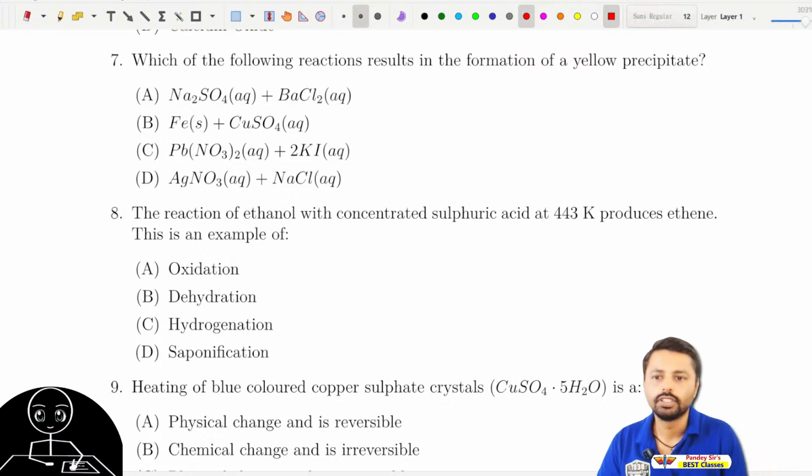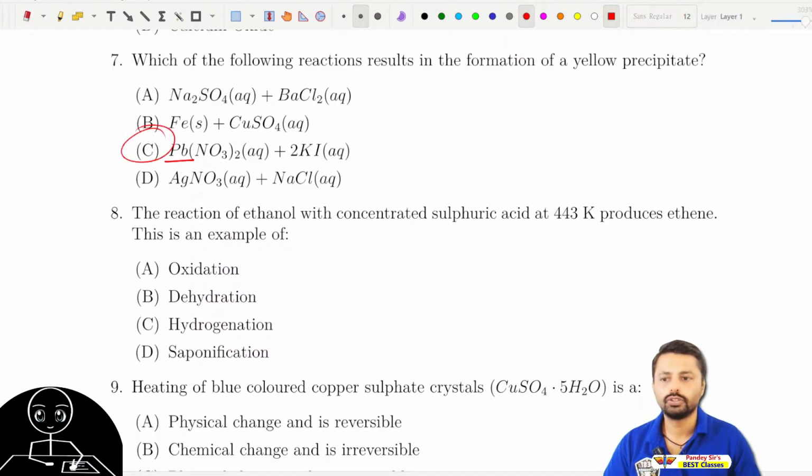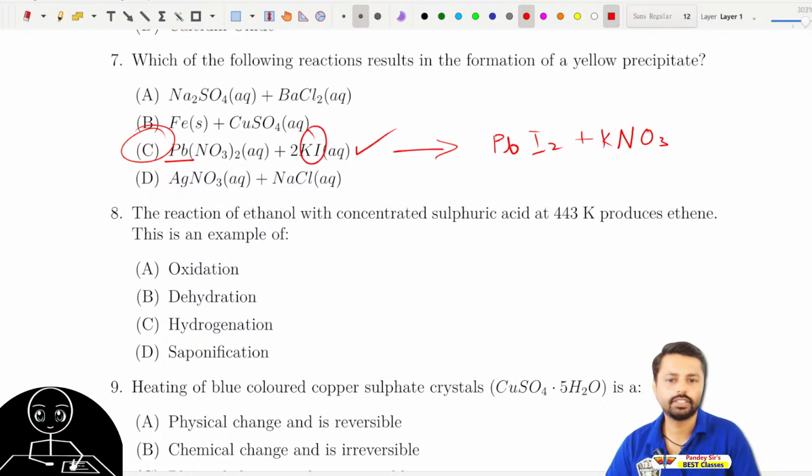That must be the yellow precipitate, and lead is only in C. So the answer must be C. What it forms is PbI2, Pb is lead, I2, plus KNO3, because K remained.